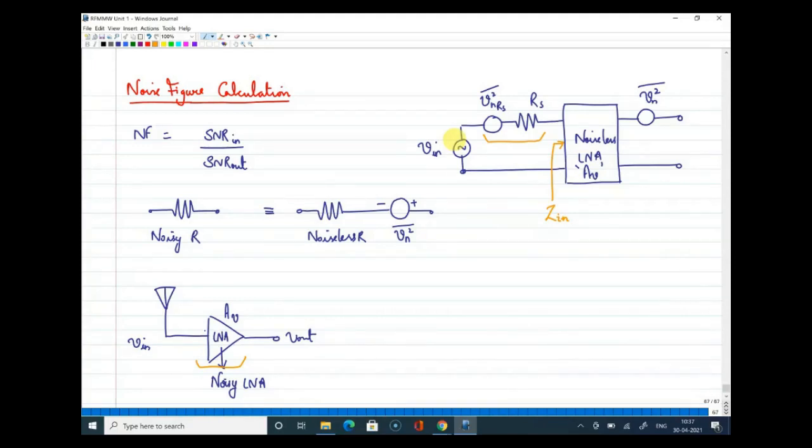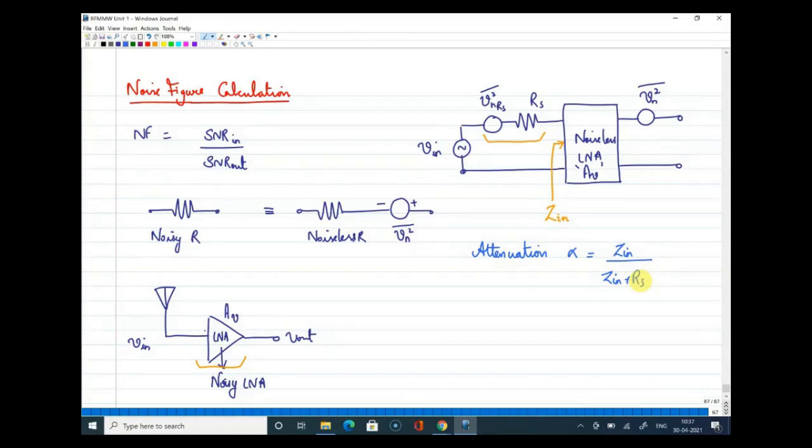Because there is a resistance Rs and there is an input impedance. Yes. So I'll represent the attenuation of any signal coming to the input side as alpha, and that factor can be denoted as input impedance divided by input impedance plus the resistance Rs, right?